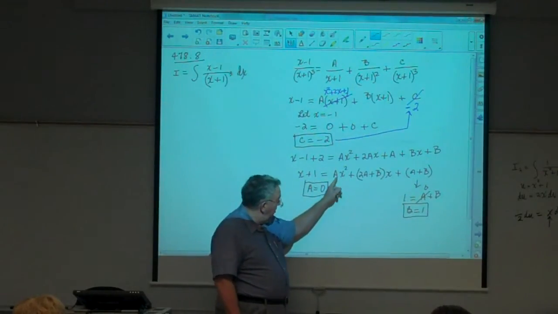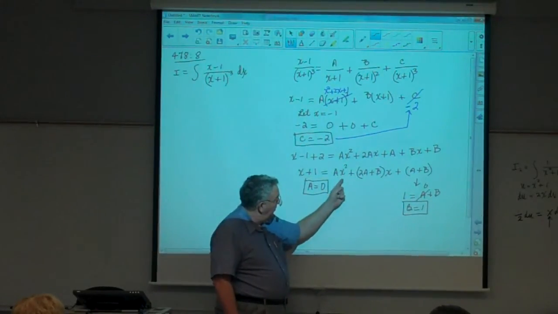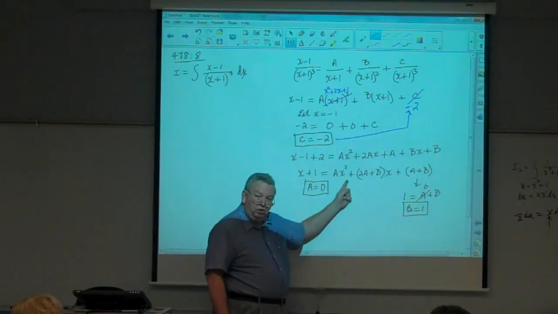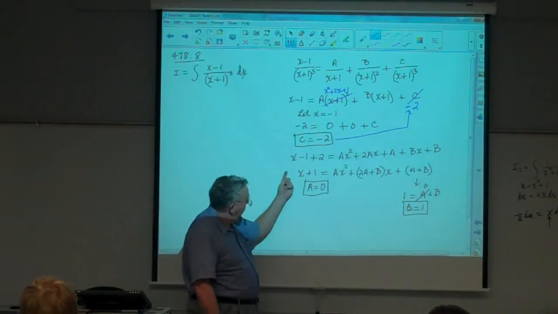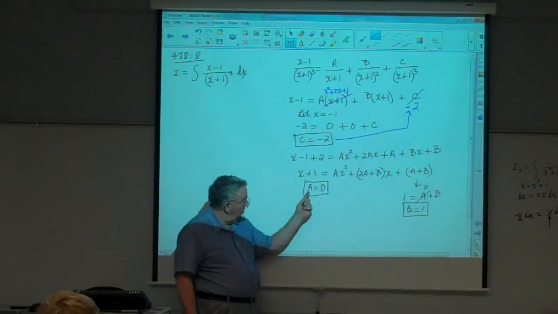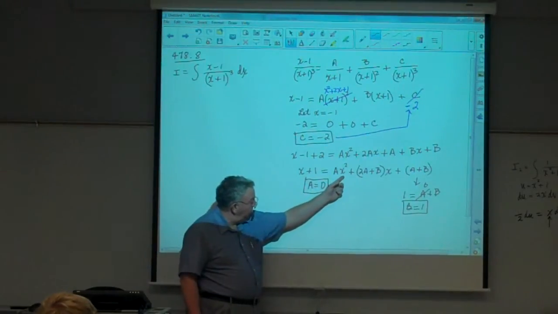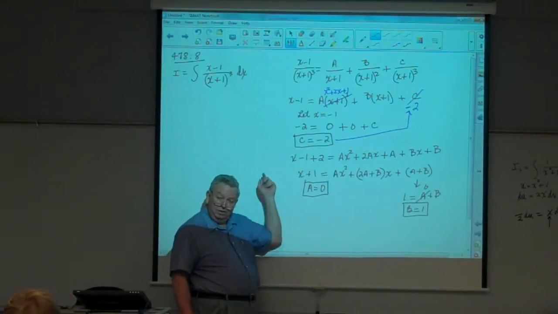On the right side, what is it? A. The number in front of x squared over here? 0. So doesn't the coefficient of x squared on this side have to equal the coefficient of x squared on this side?